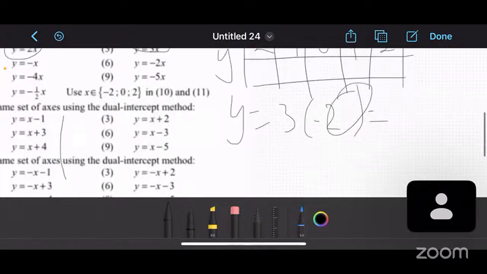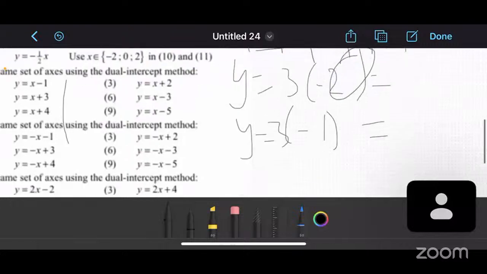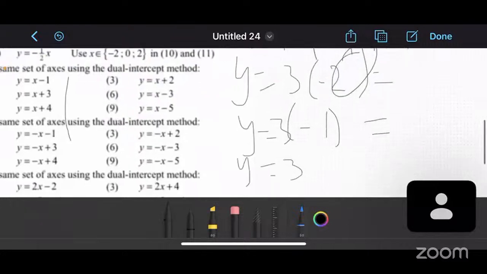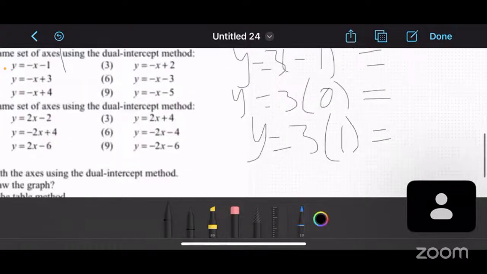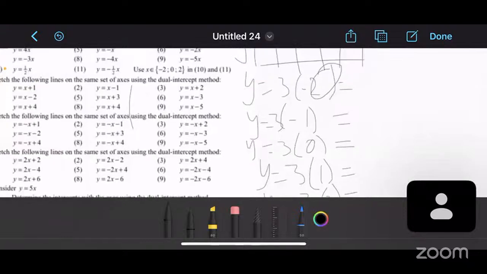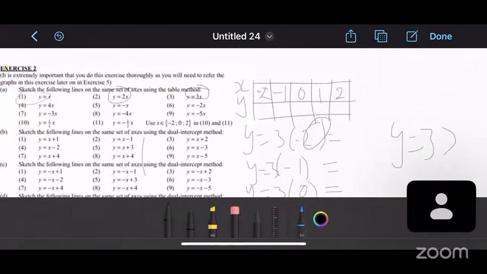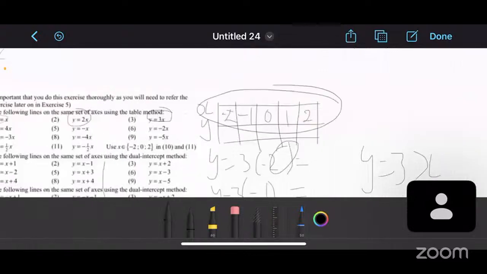Then y equal to 3 into -1. Y is equal to 3 into 0. Y is equal to 3 into +1. Y is equal to 3 into +2. So you see, we just replaced the x with the values that we have here, all right?